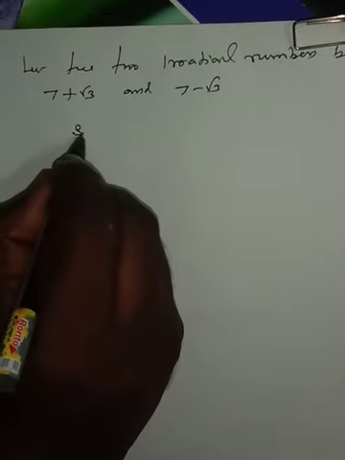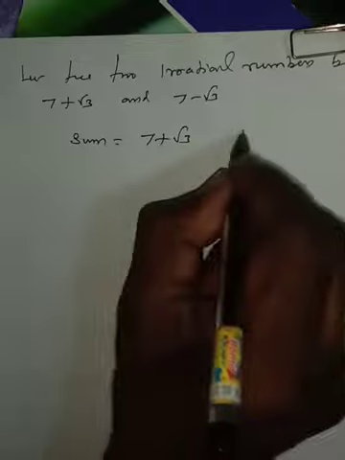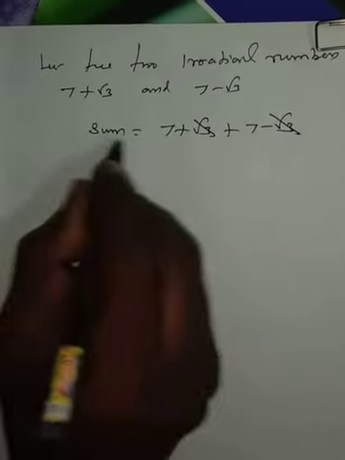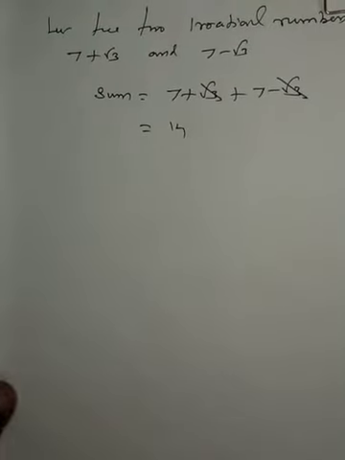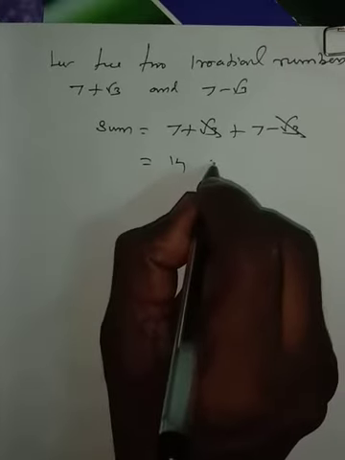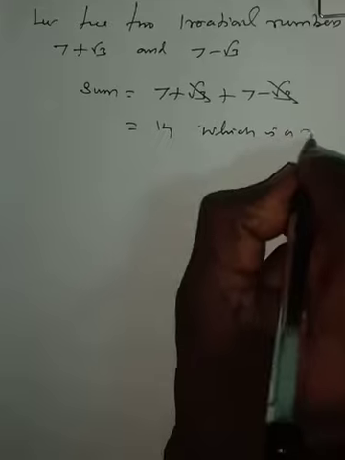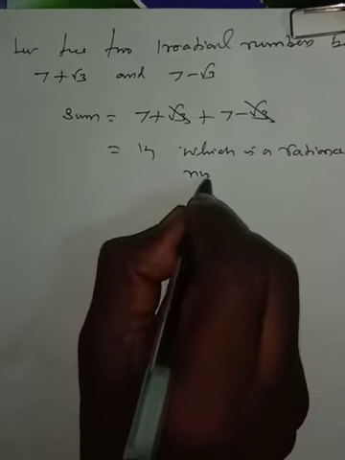The sum is equal to 7 plus root 3 plus 7 minus root 3. Root 3 cancels. We get 14, which is a rational number.